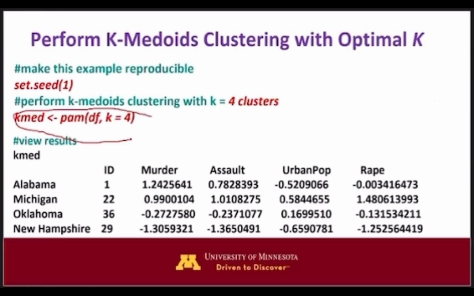And don't forget, I said you should set seed. We set our seed, and this is the result that we have for the K-Medoid. We're only showing you the first 4, for Alabama, Michigan, and so on.